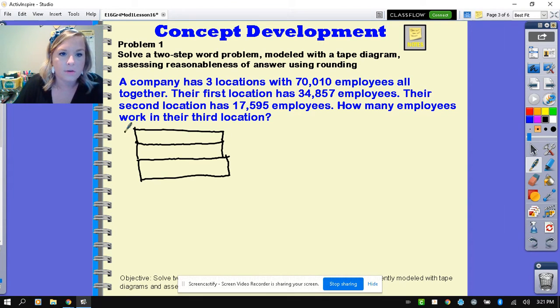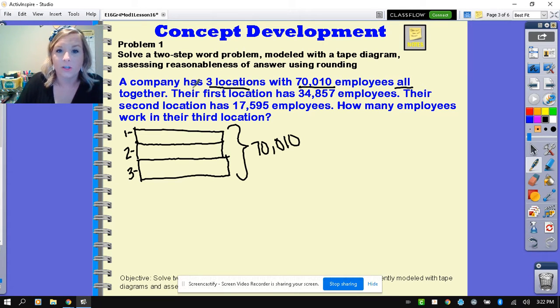Okay, so I have my first location, my second location, and my third location. So we know that all together, out of all 3 of these, they have 70,010 employees. That's our total. Okay, so 3 locations, 70,010 employees all together. All together is that keyword that lets us know that that's the total. So that's why it goes outside of the tape diagram.